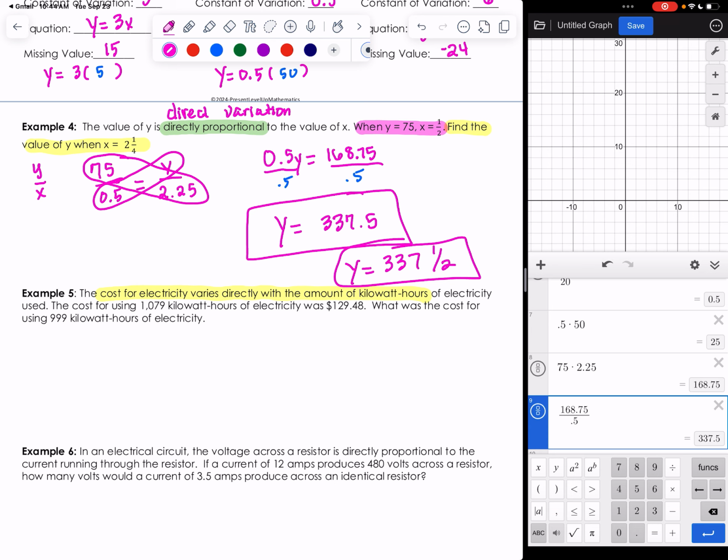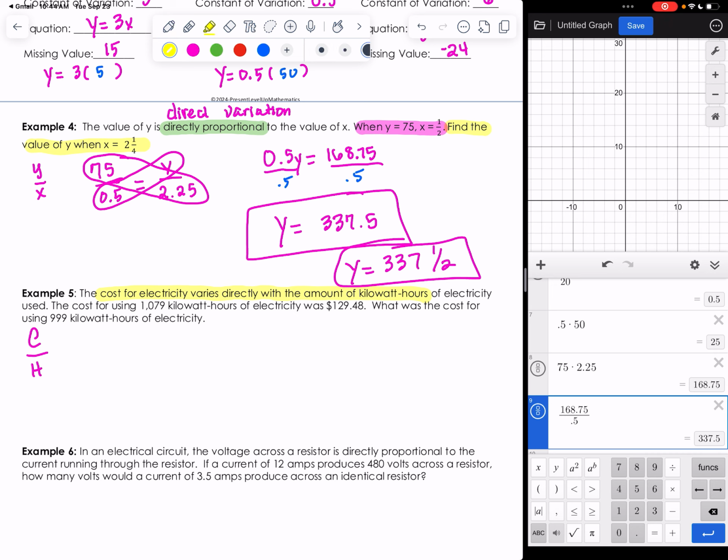But what are we comparing here? Because they're not giving us x and y anymore. But they're comparing the cost to the number of hours. So when we set up our proportion, we want to make sure the cost is on top and the number of hours is on the bottom. Okay?